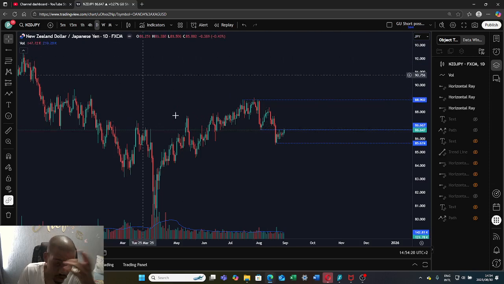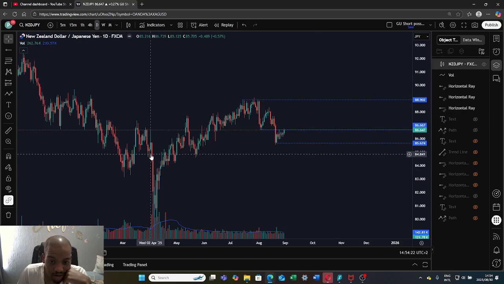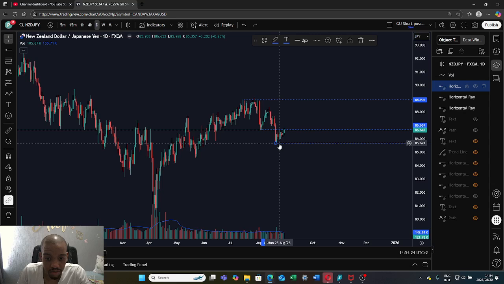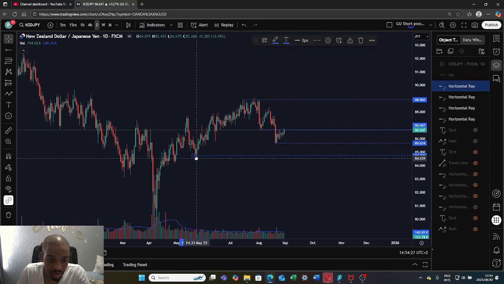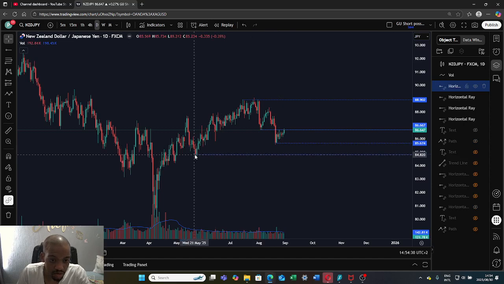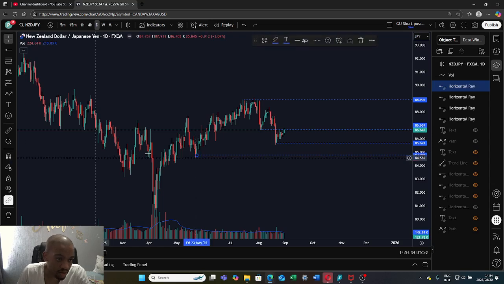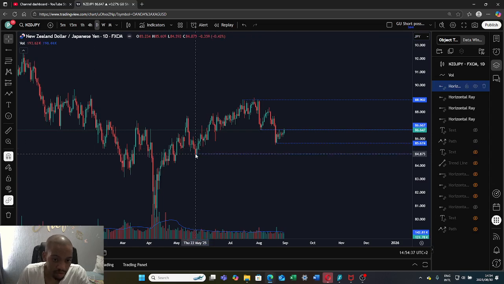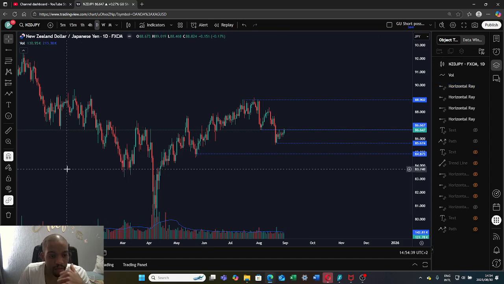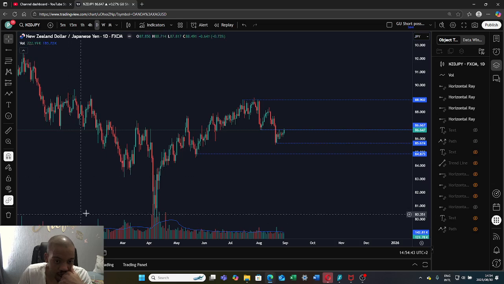Okay, swings. Yeah, it's about right. I'm not really sure about the swing, but whatever.